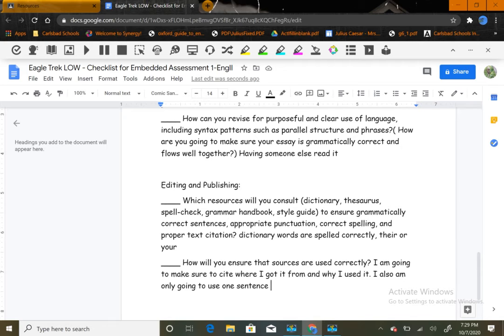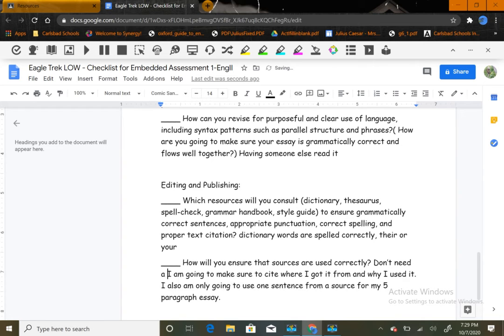I'm also going to use one sentence from a source for my 5-paragraph essay. Okay, so you don't need a source. But if you're going to use one, then make sure you're going to do this.